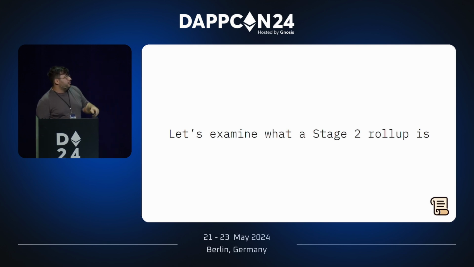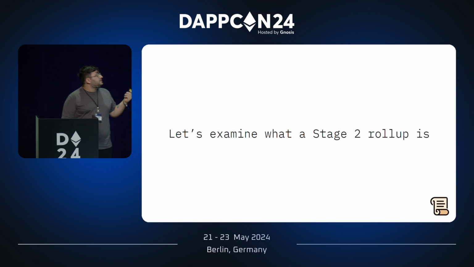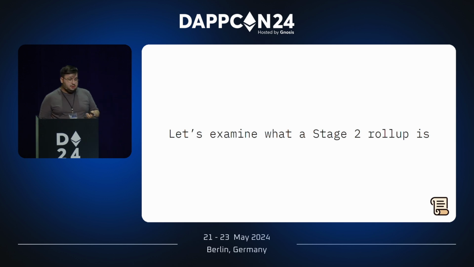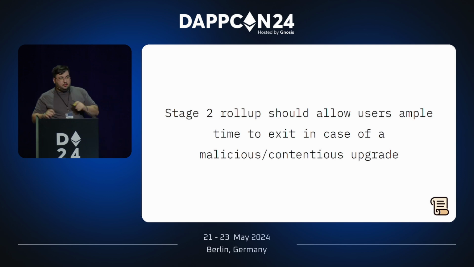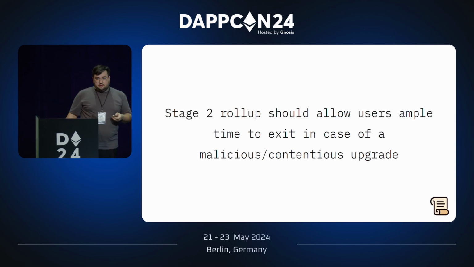I showed the graph before about where we filter out stage 2 rollups. So let's examine what a stage 2 rollup actually is. And specifically, we care about upgradability here. There are a lot of different things a rollup has to comply with in order to be a stage 2.